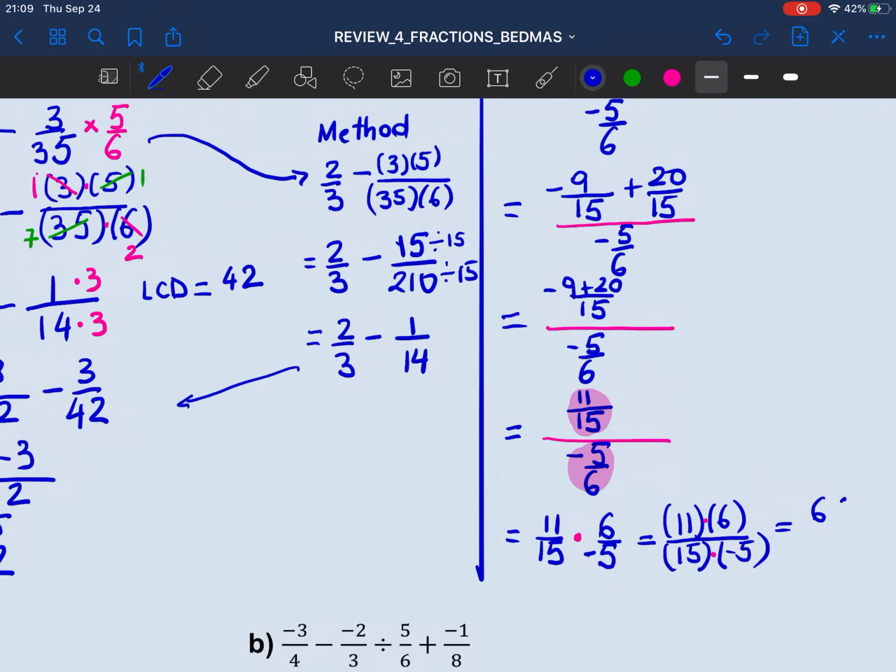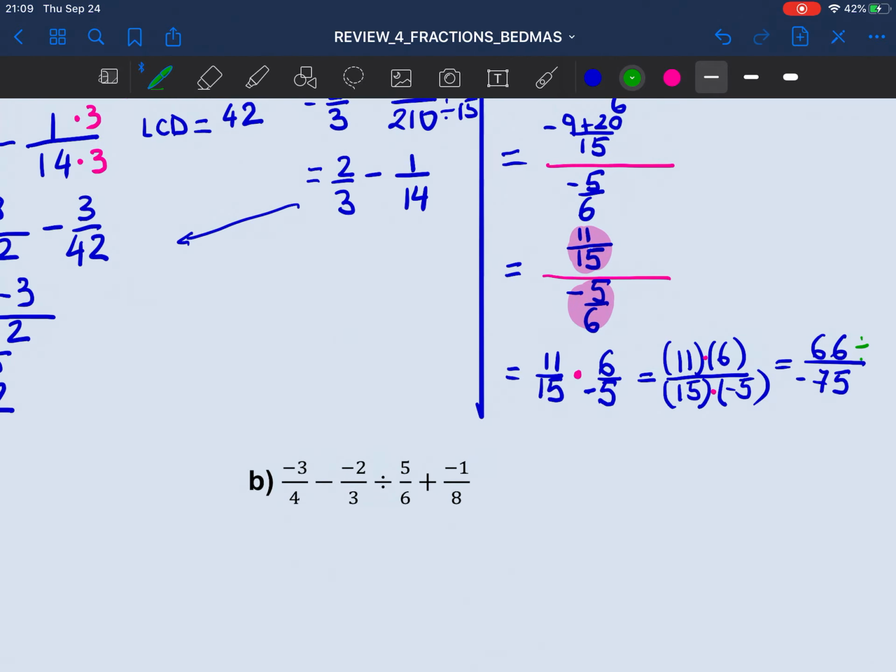That would be 66 divided by 15 times 5 is 75. Negatives. You have to check and see if you can reduce if possible. So it seems that we can in here. You reduce by 3, and the answer here would be 22 divided by 25.